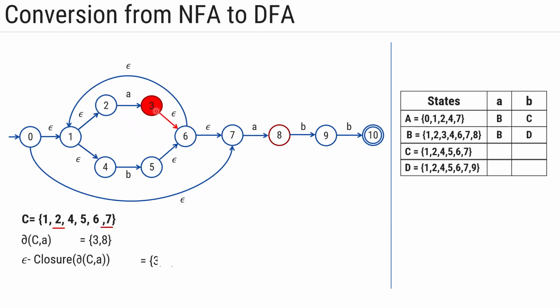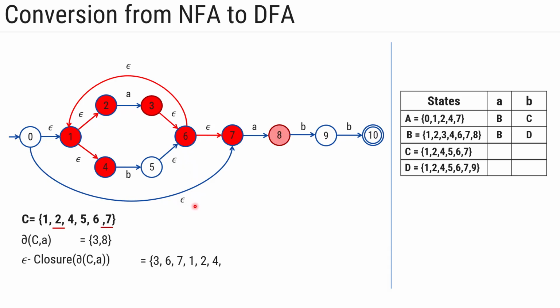E-closure of 3 comma 8: 3 goes to 6, 6 to 7, and also 1, 1 to 2, and 1 to 4. Look at this. All of them can be included in this state. Okay, so all of them are color coded.